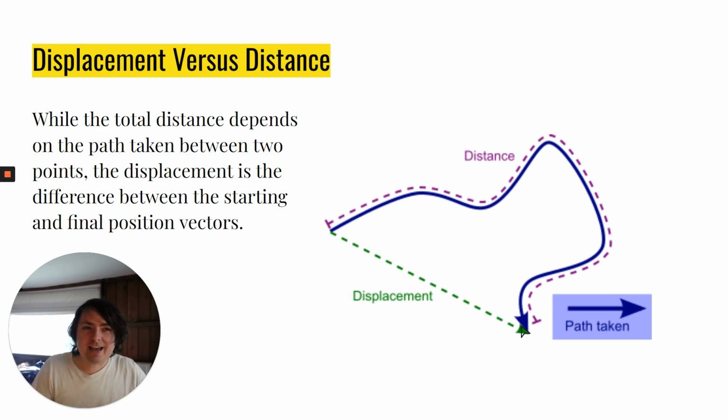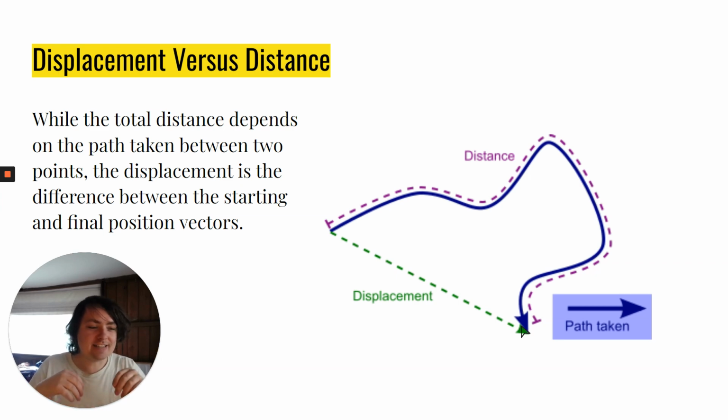But the way that I think about this is that your distance is the path that you would actually take in order to reach from point A to point B. So if you go from Denver to Boulder in Colorado, you know that there's lots of mountains and hills in the way.